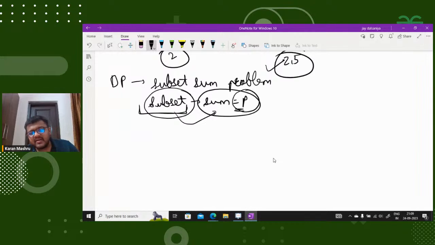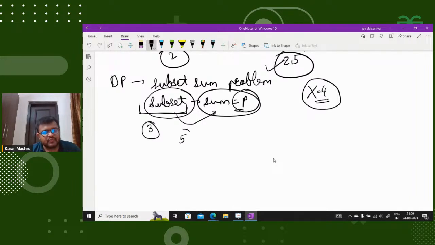Now we are asked to find the maximum number of houses which we can remove, even after which the number of subsets whose sum is equal to x will remain the same. Okay. So now what we can do is, see, understand one thing. Suppose I have one element as 3, and I want to find the number of subsets whose sum is equal to 5, and they should also include this 3.